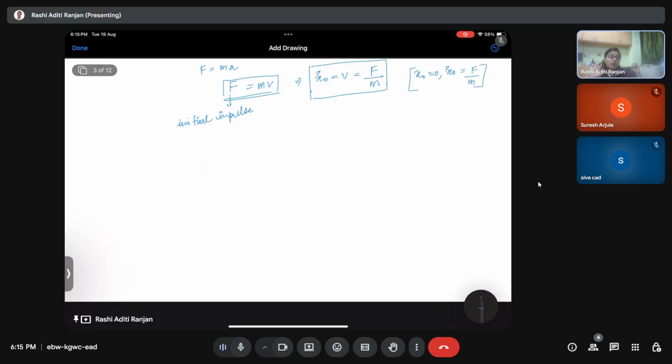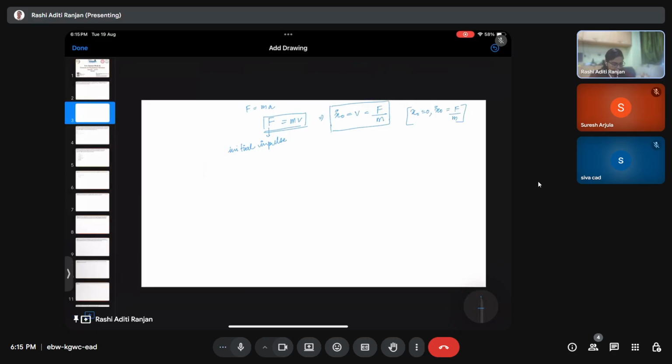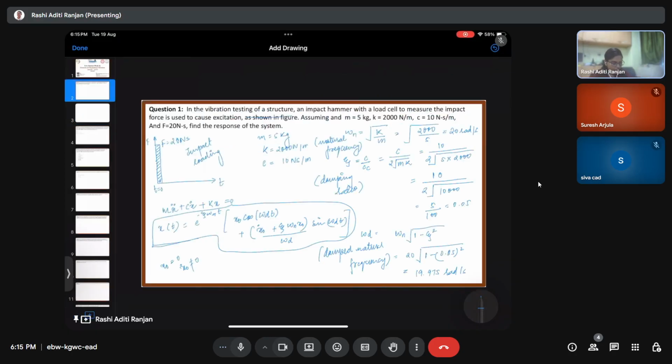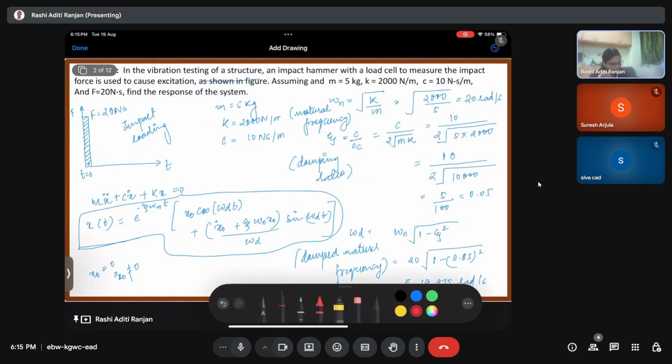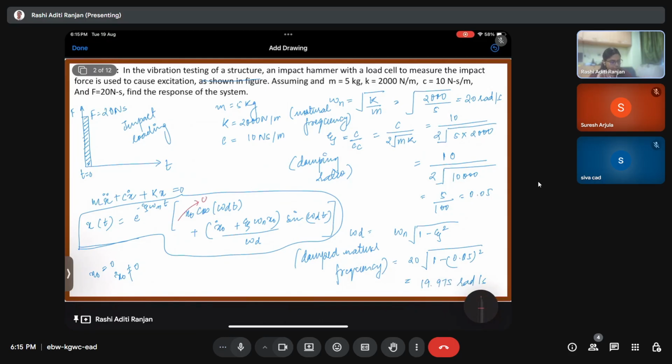Okay, so now if I want to find the solution, this e to the power minus eta omega n t is going to remain. Then we have x naught cos omega d t. X naught is 0, so this will go to 0. Here also x naught will go to 0. So what is actually left? X naught dot, for which we already have a value.